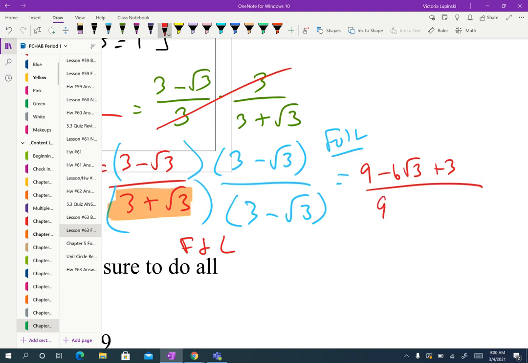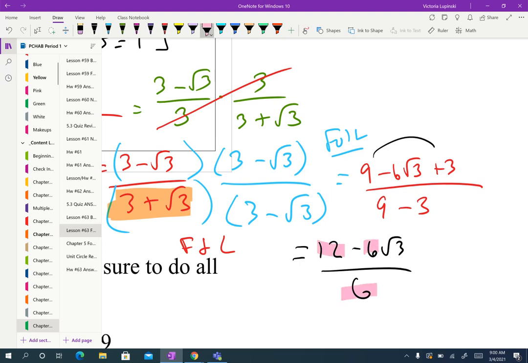So 3 times 3 is 9, minus root 3 times root 3 is 3. Little bit of simplifying. So 9 plus 3 is 12 minus 6 radical 3 all over 6. And then because all of these values can be divided by 6, I'm going to go ahead and do so to give me a final answer of 2 minus radical 3.